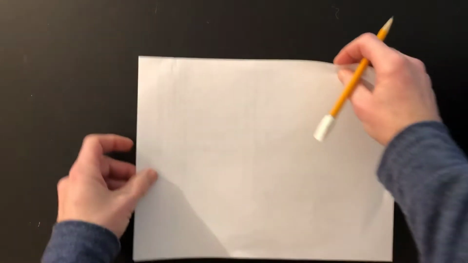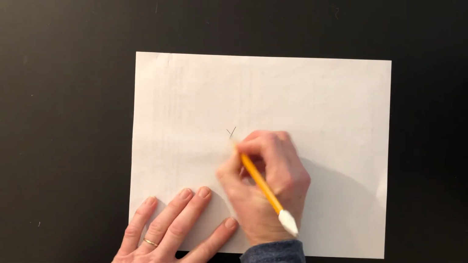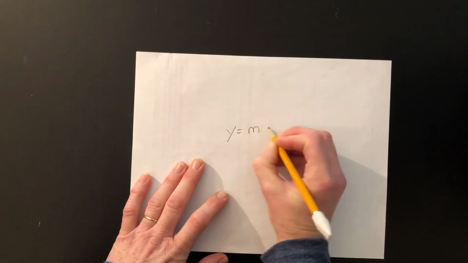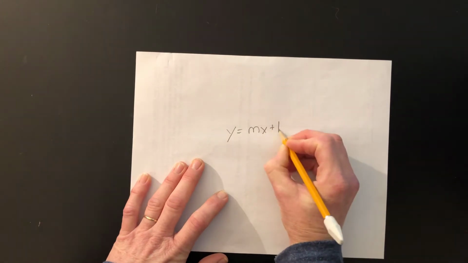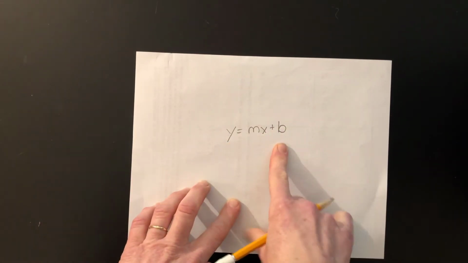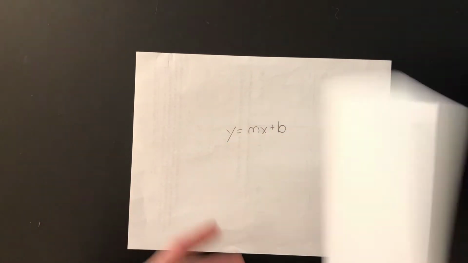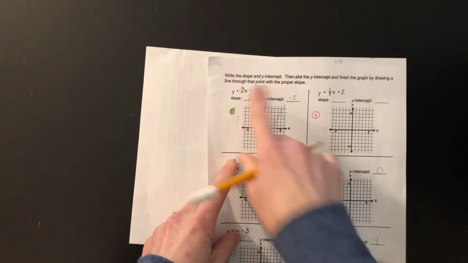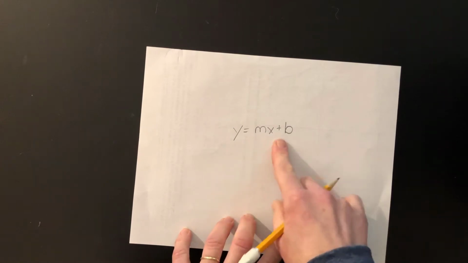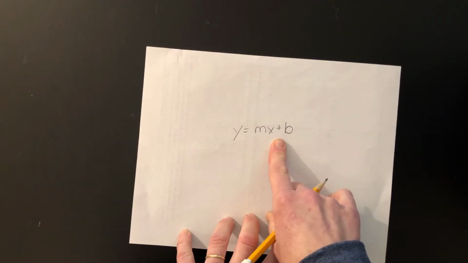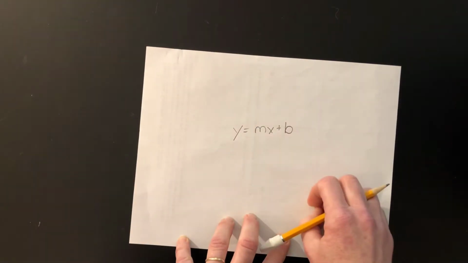Remember, slope-intercept form is y equals mx plus b. And when we have that, we can very easily go from the equation to the line. When it's not written in that form, we can't go from the equation to the line.